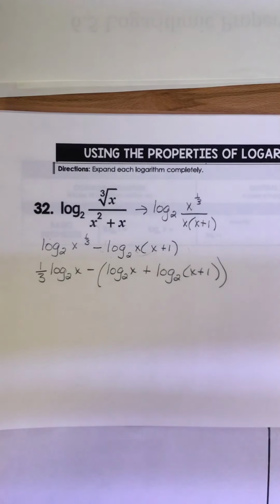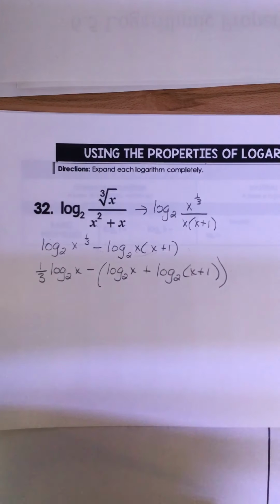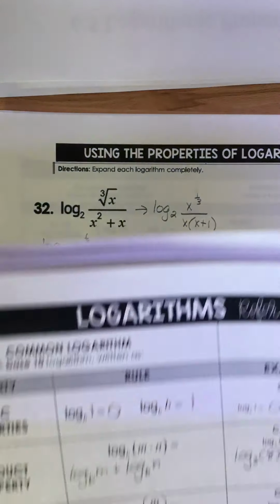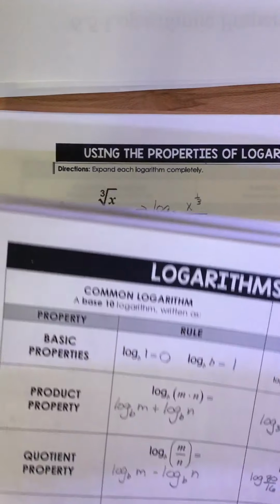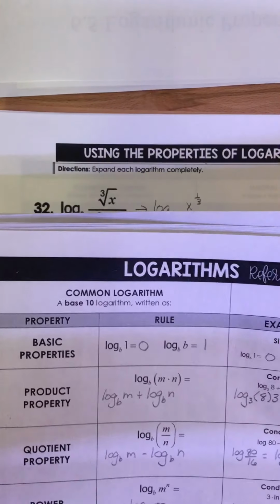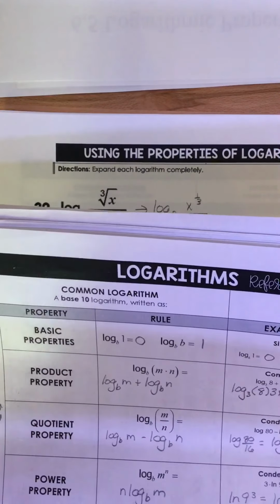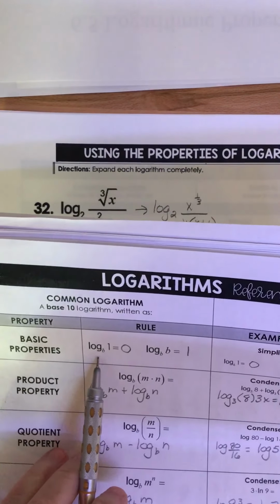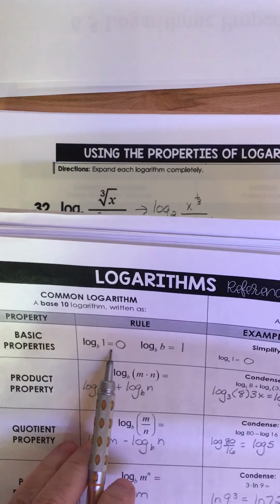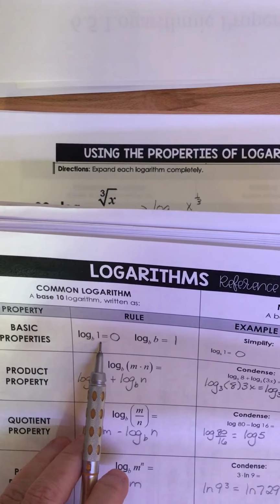So the property reference sheet, I'm wanting you guys to be able to look at all this stuff right here. So the basic properties, this is on page 23. So here, let's just look at the basic properties. So here we know that if we've got log base b of 1, anything to the 0 power does equal 1.